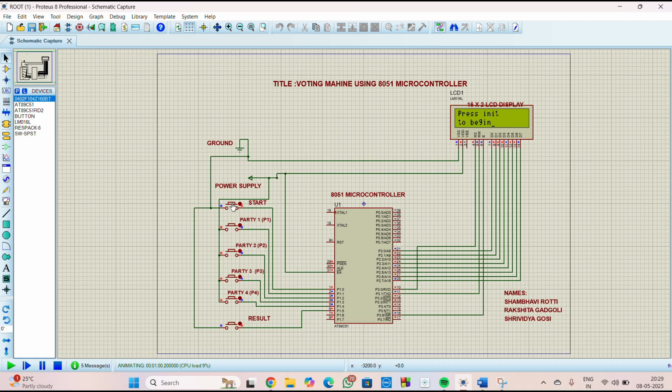To start the simulation, we have to press the start push button. And the party names will be displayed. The user has to cast a vote for one and only one party.